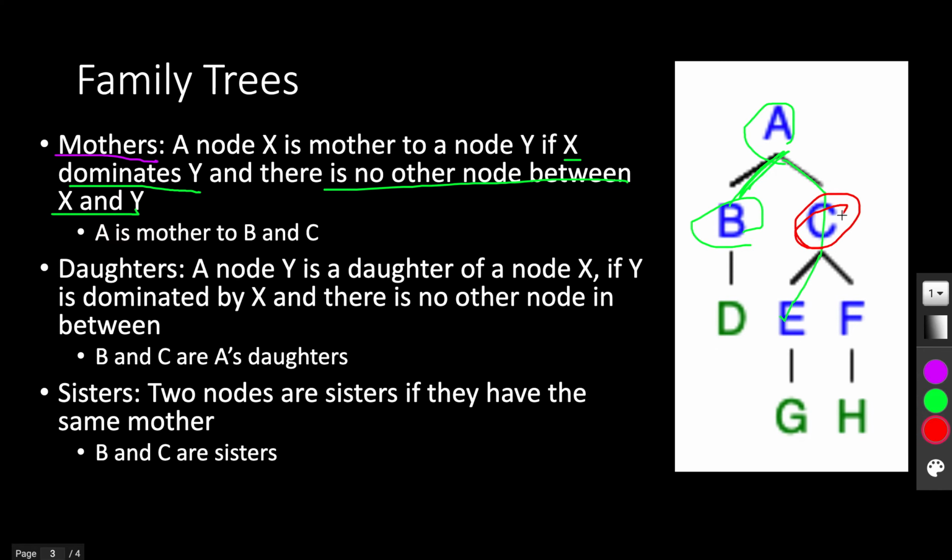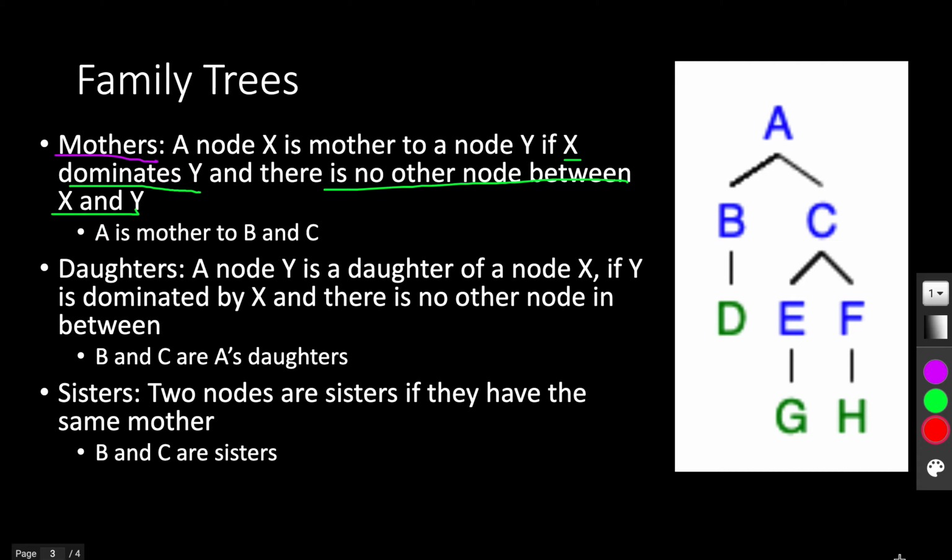C is going to intervene. We first have to branch to C, and then branch from C to E. So A is not mother to E. But it is mother to C, right? Because, again, it dominates it, and there's no intervening branch. So we say that A is mother to B and C. And if you think about your family tree, this is probably going to be pretty similar.